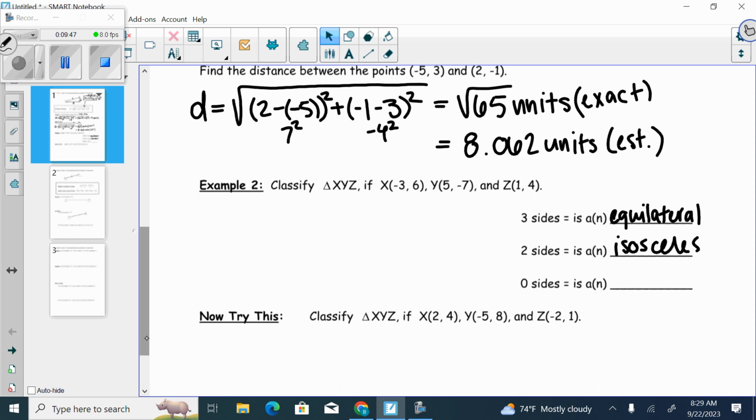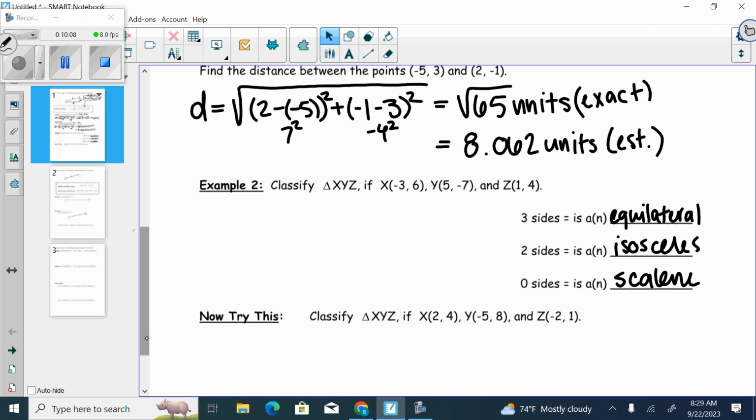Starts with an S. Any guesses? We call it scalene. All right, so all the sides are the same, equilateral. Two sides are the same, isosceles. None of the sides are the same, then it's scalene.